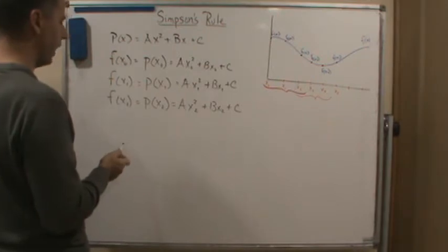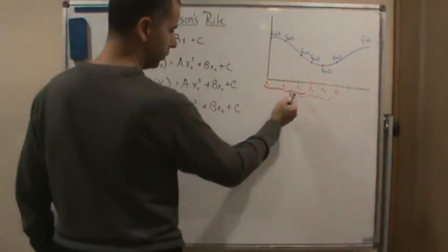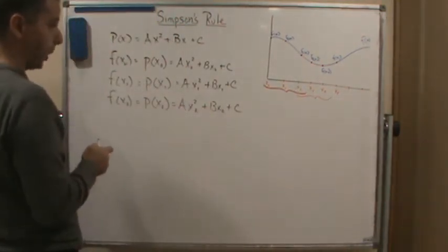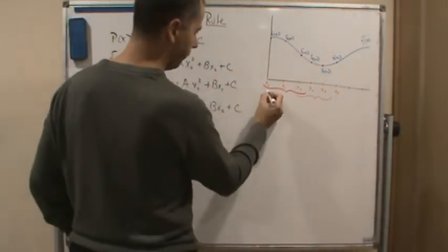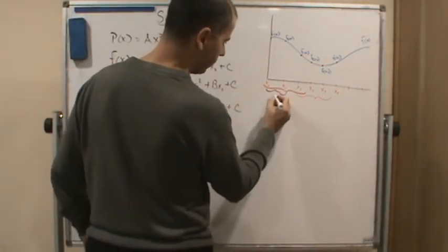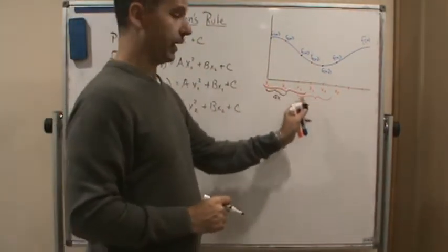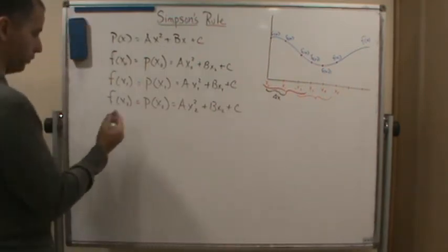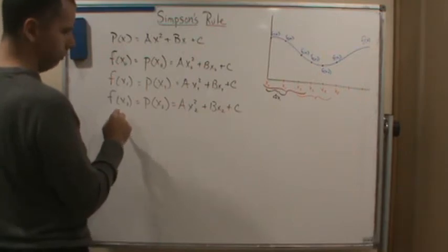And then also, we're going from x0 to x2. Each one of these intervals is delta x. So going from x0 to x2 would be 2 times delta x. That's another thing we're going to use.